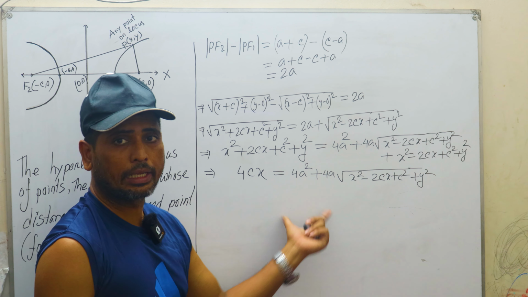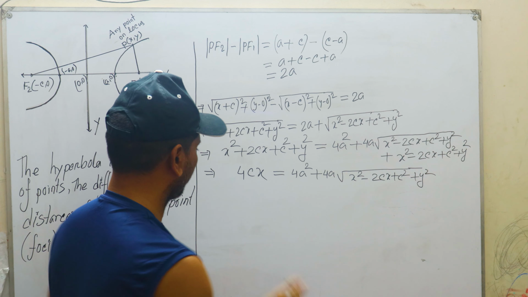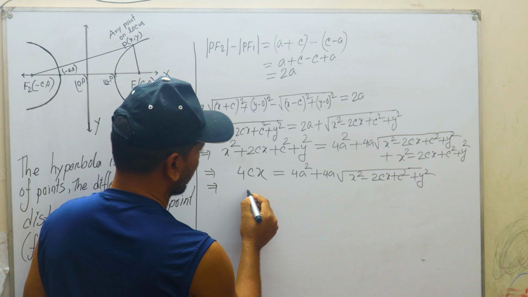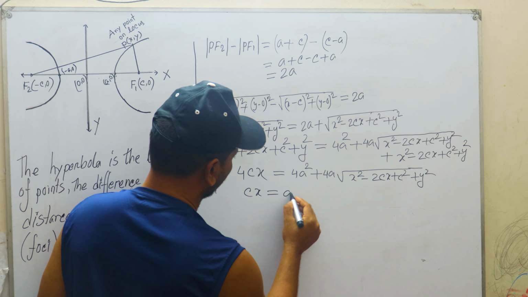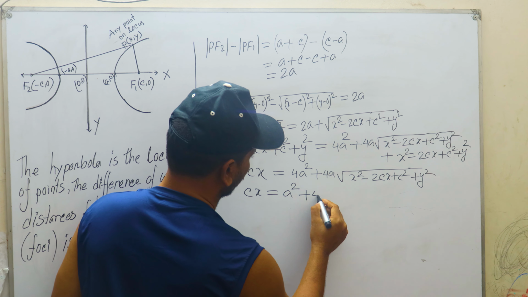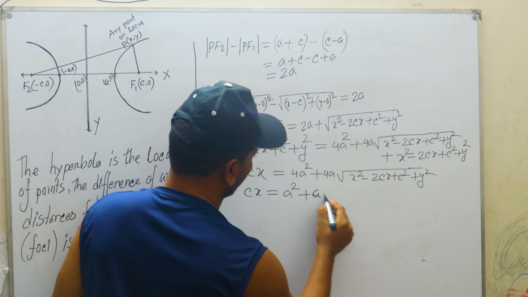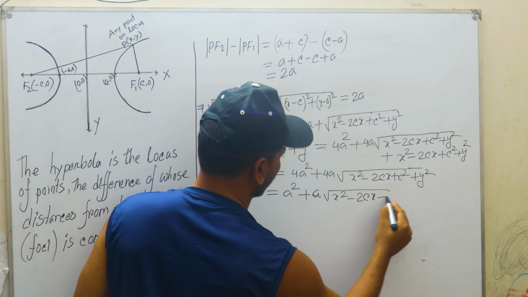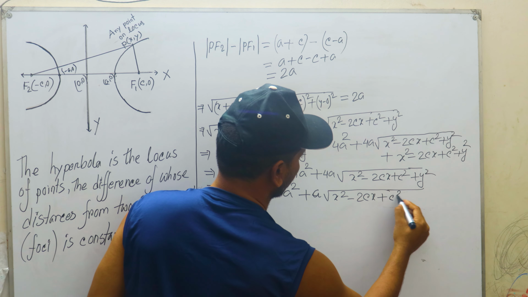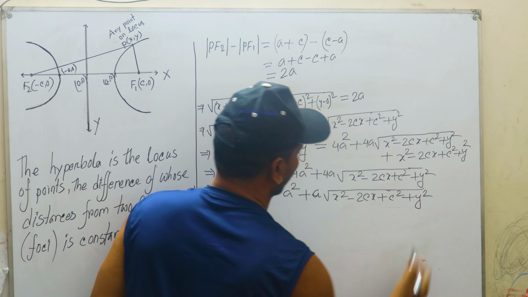From both sides 4 cancels, that means cx equals a square plus a square root of x square minus 2cx plus c square plus y square.